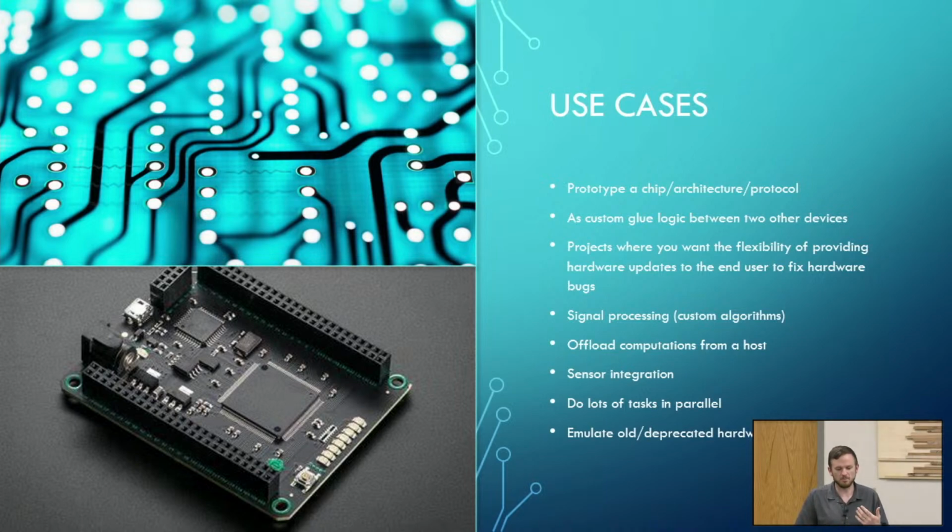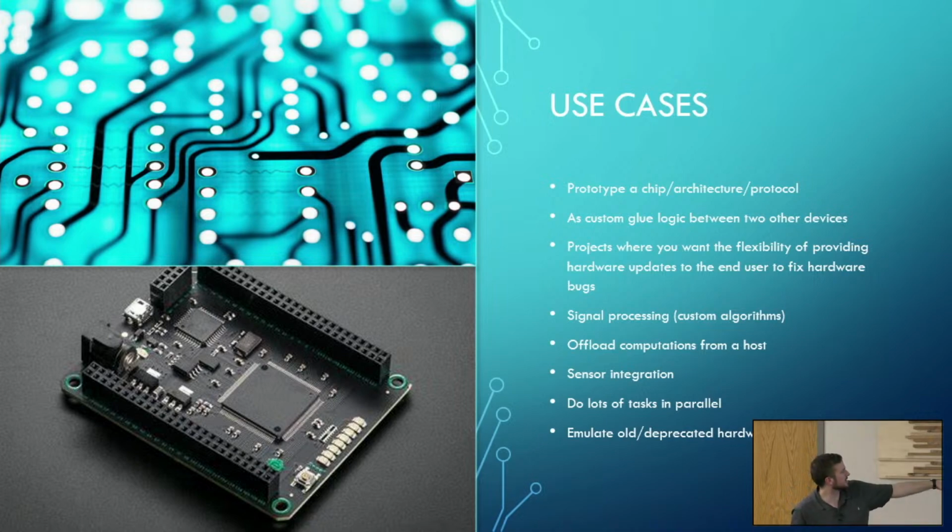So you can prototype architectures, protocols, and digital interfaces. You can connect two different peripherals that can't talk to each other by translating each other's calls. And they offer a lot of flexibility. Like I said, they're like a transformer. They can become anything you want them to be.